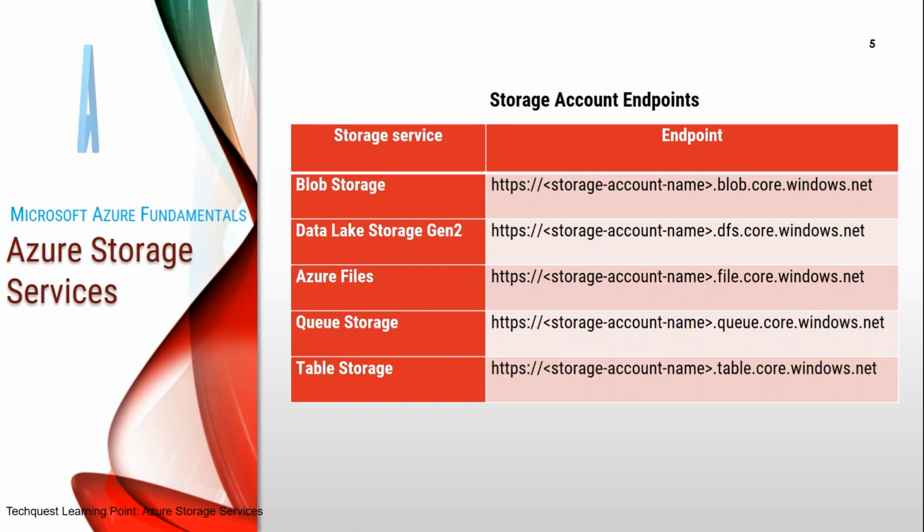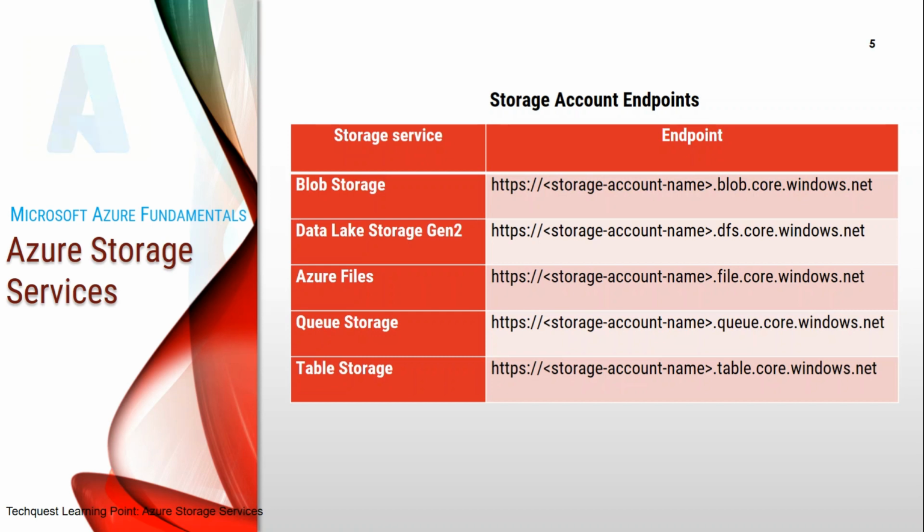Now look at the table where the endpoint formats for Azure Storage Services are given. Storage service: Blob Storage. Endpoint: https://storageaccountname.blob.core.windows.net. Storage service: Data Lake Storage Gen2. Endpoint: https://storageaccountname.dfs.core.windows.net.